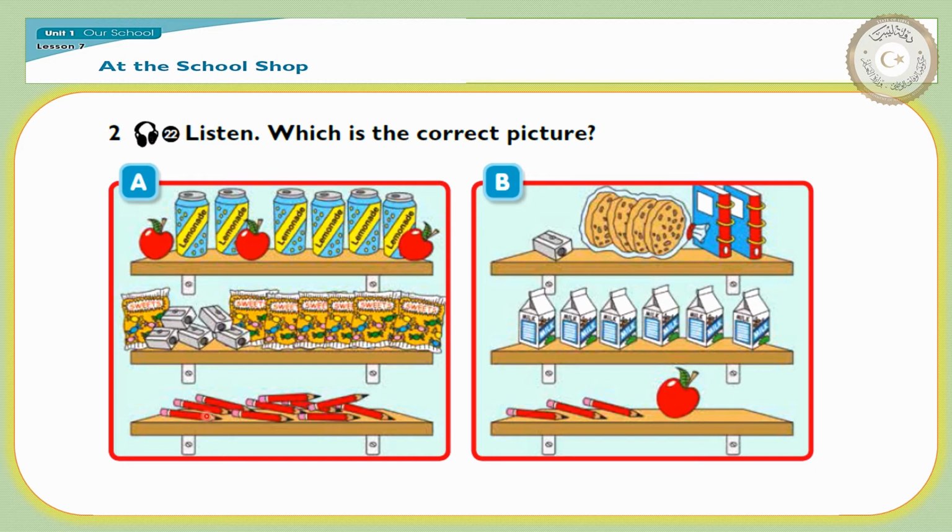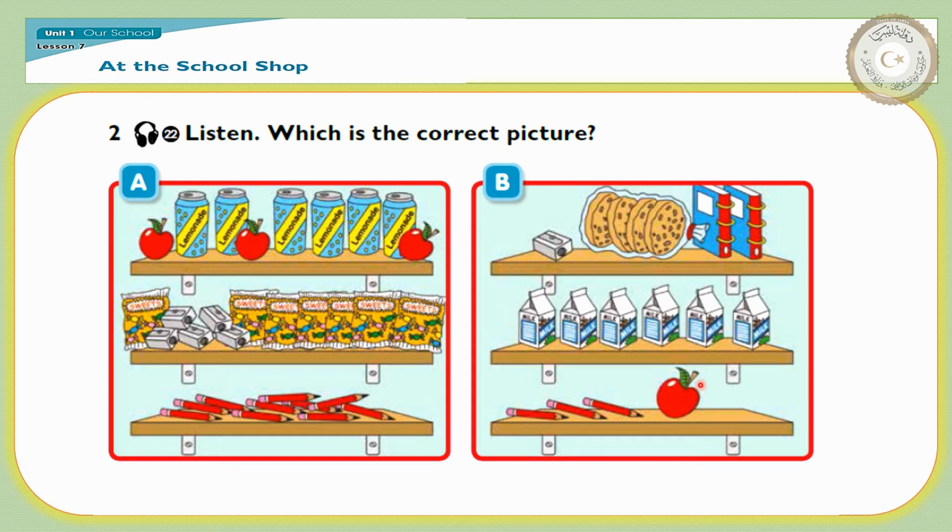1, 2, 3, 4, 5, 6, 7, 8, 9, 10. So we have 10 pencils. Excellent. S, pencils. But what about here? How many pencils? 1, 2, 3. What else do we have? Apple.